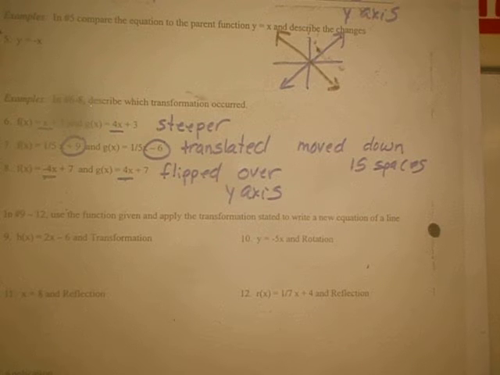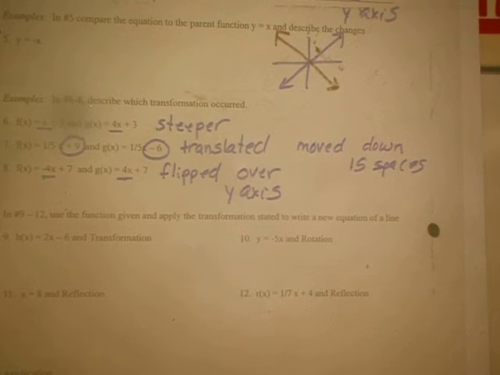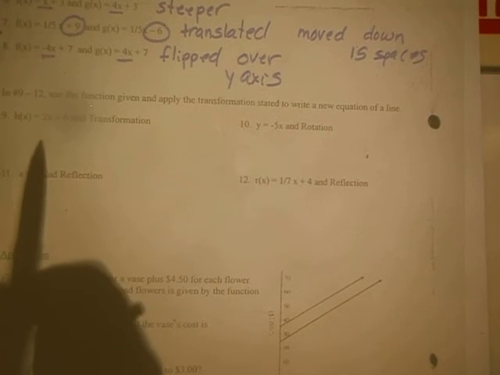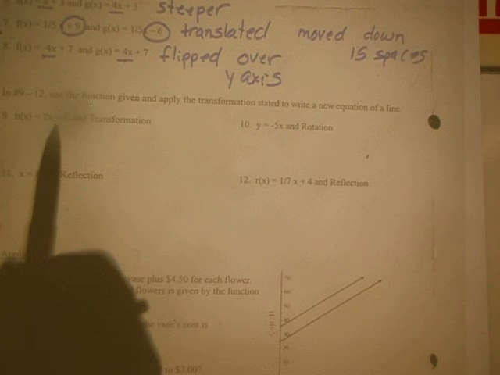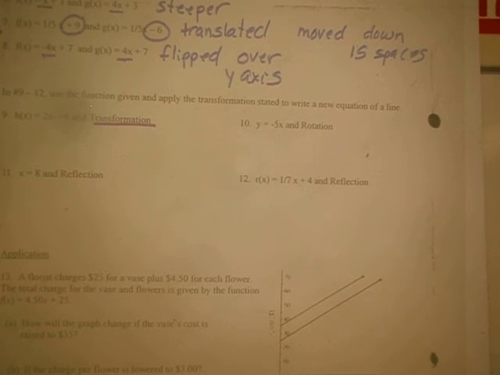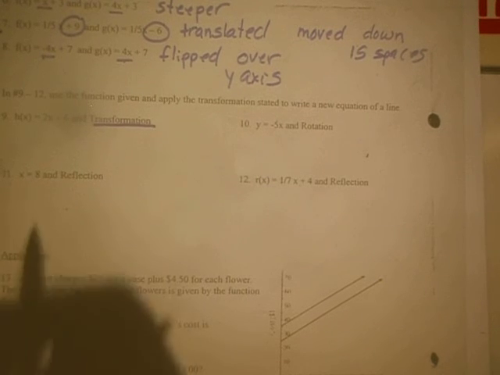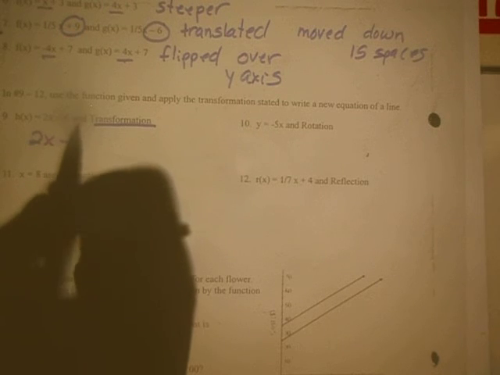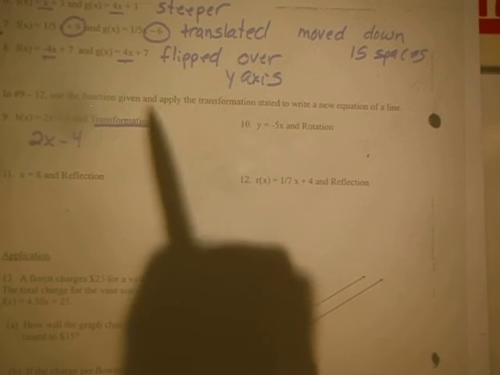Nine through 12, use the function given and apply the transformation stated to write a new equation of a line. We started out with h of x equals 2x minus 6. I think this means we want to translate that. If we translate that, we're going to move it up or down. So I'm going to change this to 2x minus 4.